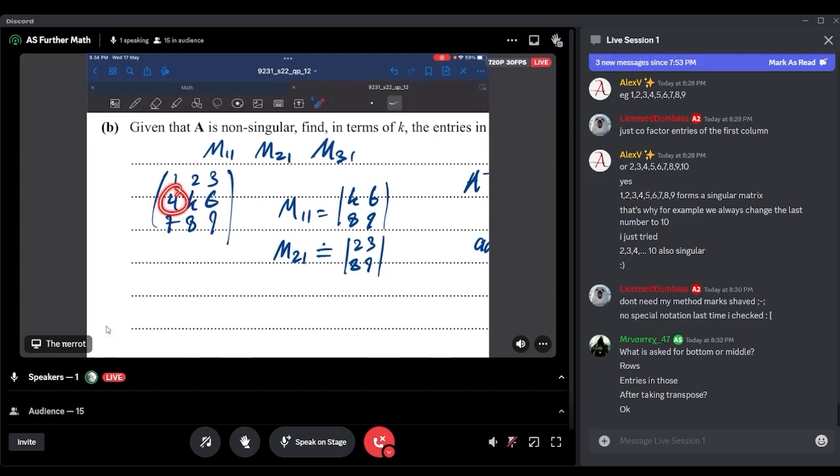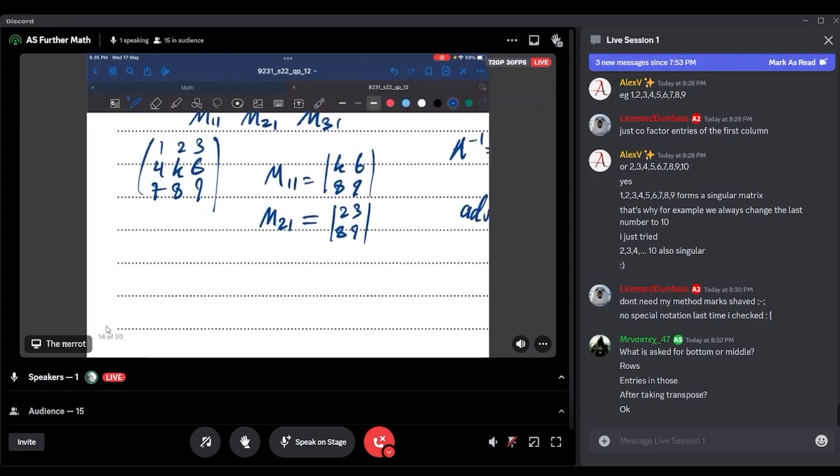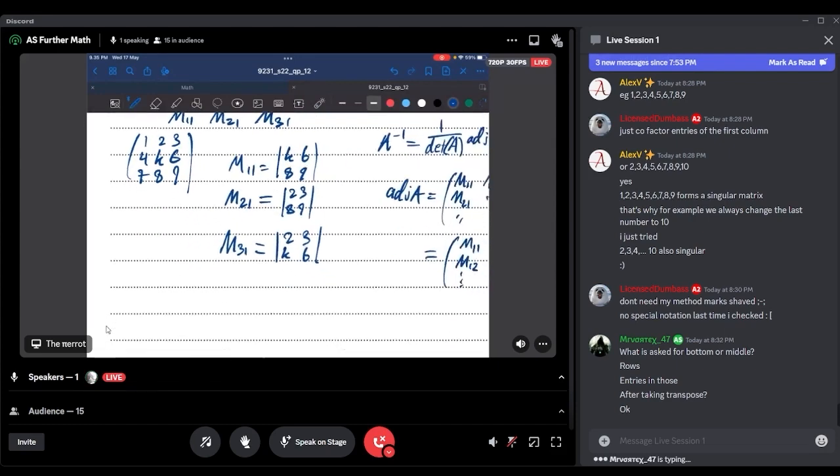So just the determinant of what's left, no multiplication of anything else. And lastly, M31 is this one. So the determinant of this matrix, K6. I'll bring this down actually.